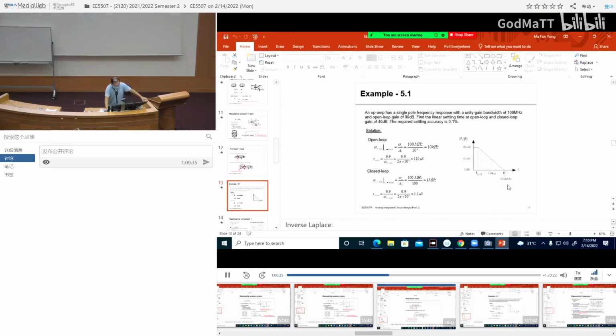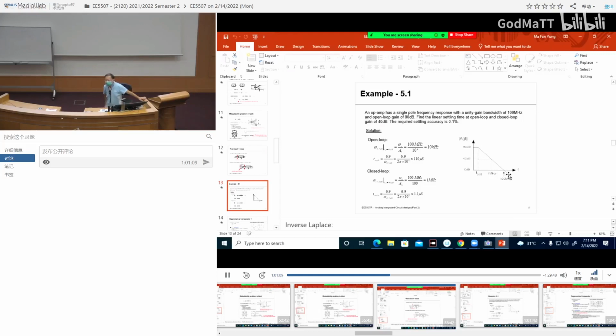Once you know this, you can work out the pole frequency from the unity gain bandwidth. The gain multiplied by the pole frequency equals the gain of 1 multiplied by the unity gain frequency. So A0 multiplied by omega 3 dB is equal to 1 times omega u.